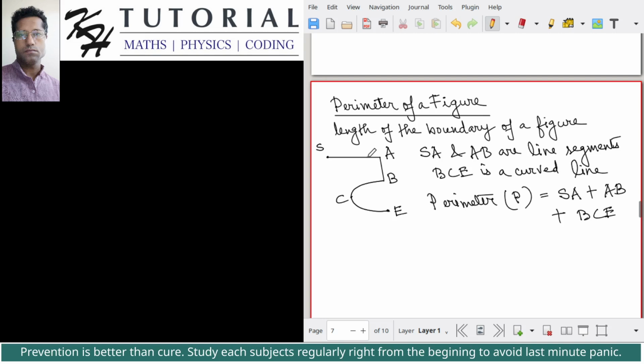Now I hope you are getting the idea of what is meant by the boundary of a figure. I'm trying to visually explain the boundary of this figure.